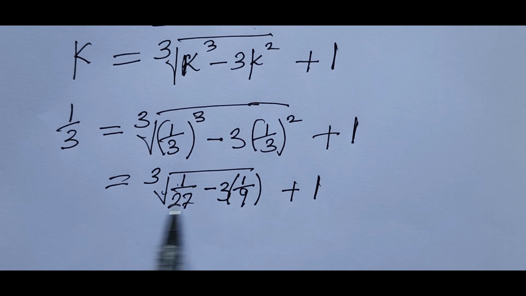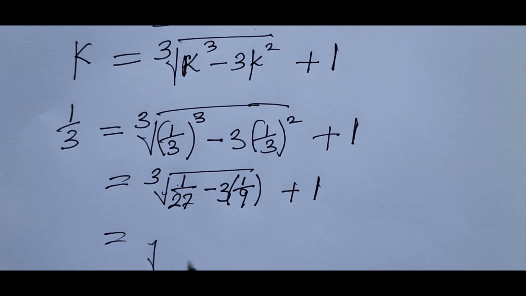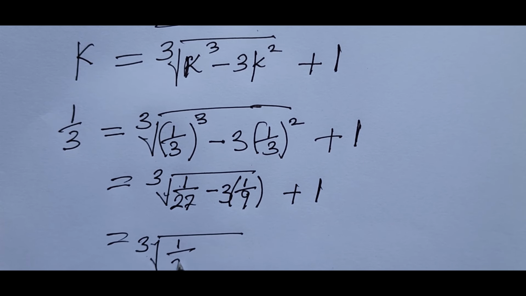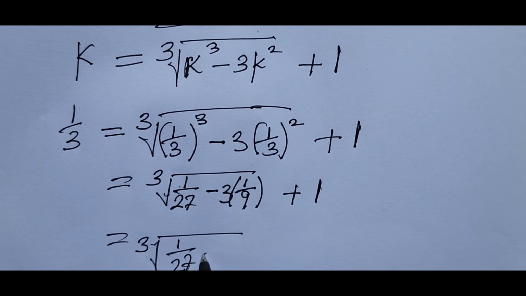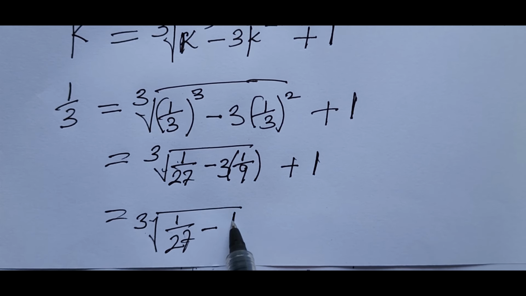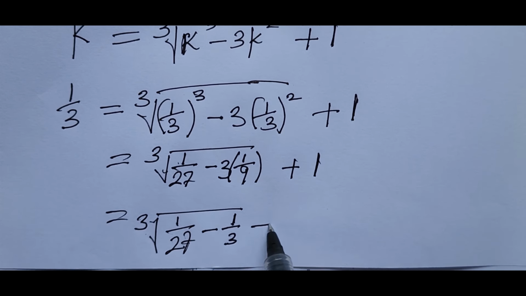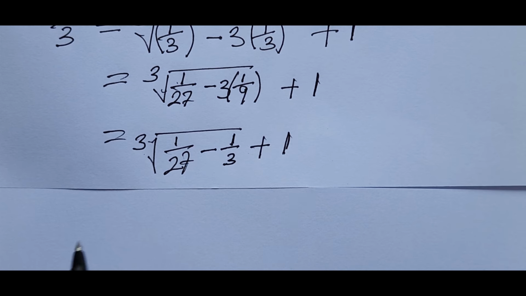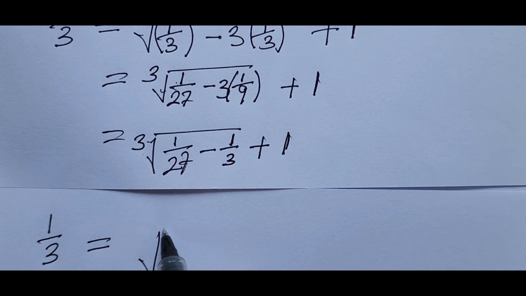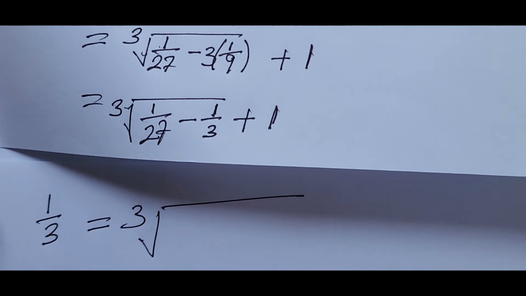Then from here, we can multiply out. So this gives us the cube root of 1 over 27 minus, 3 times 1 over 9 gives us 1 over 3, plus 1. On this side we have 1 over 3 is equal to the cube root of the expression we have here.